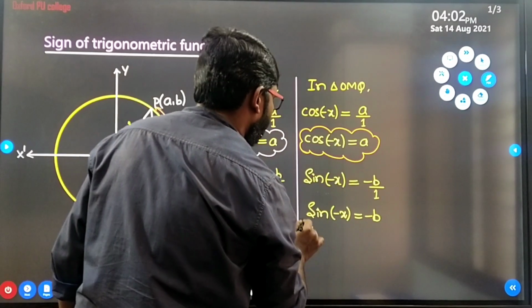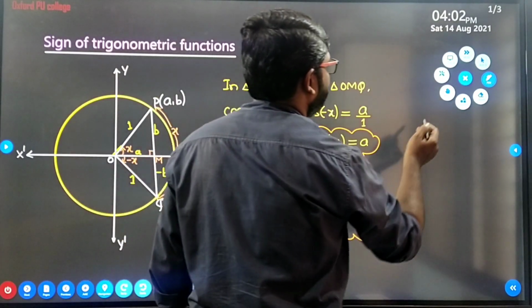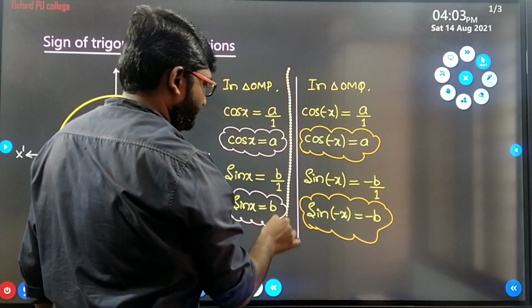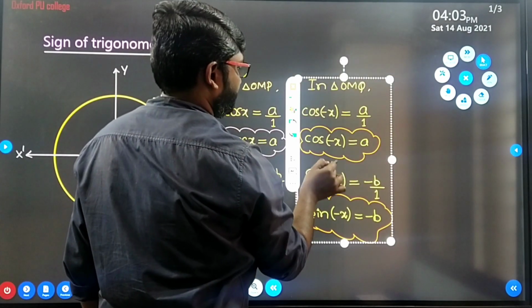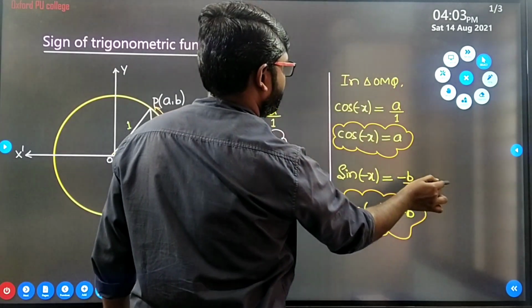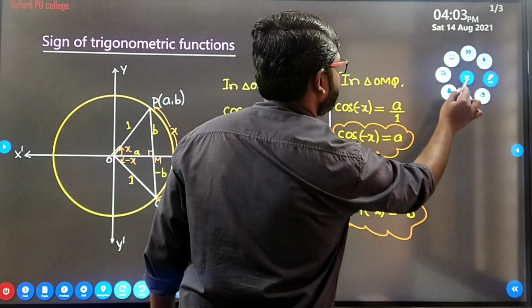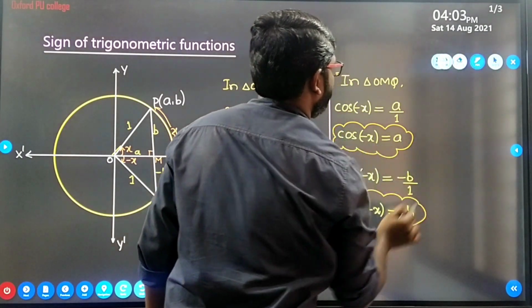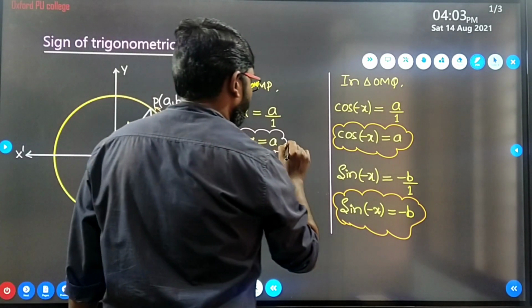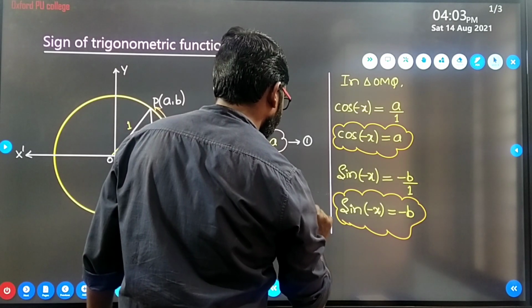Then we will have to compare these two equations. So let us compare these two equations now. So now see here, I call this equation number 1 and this equation number 2.